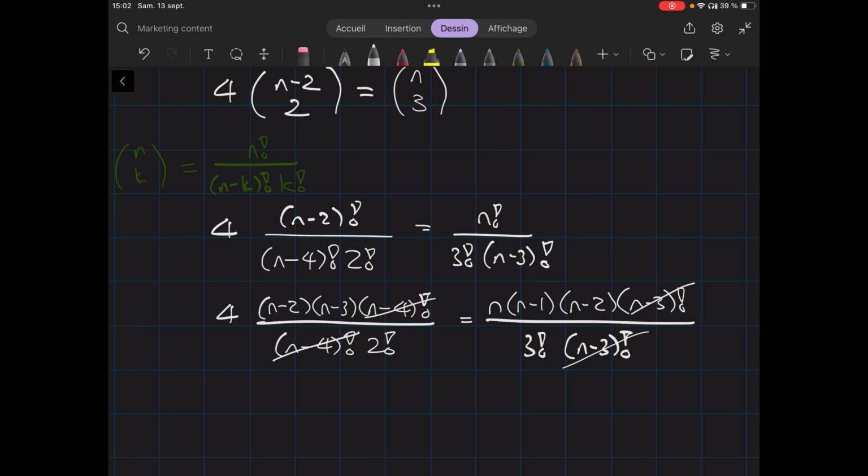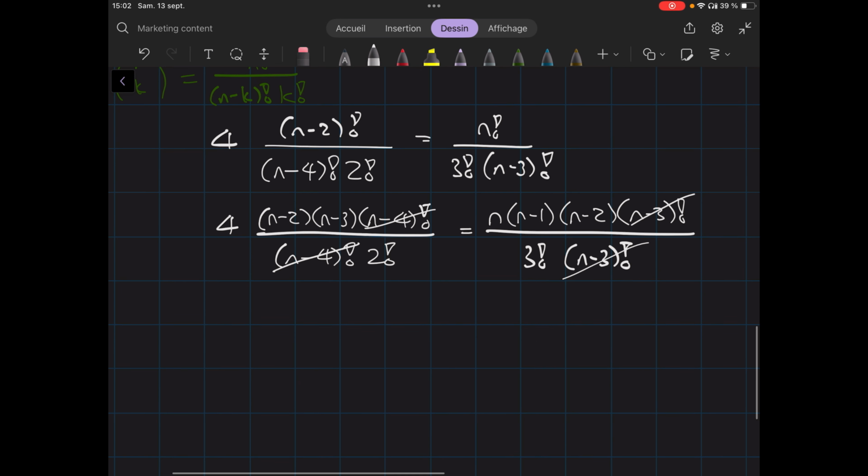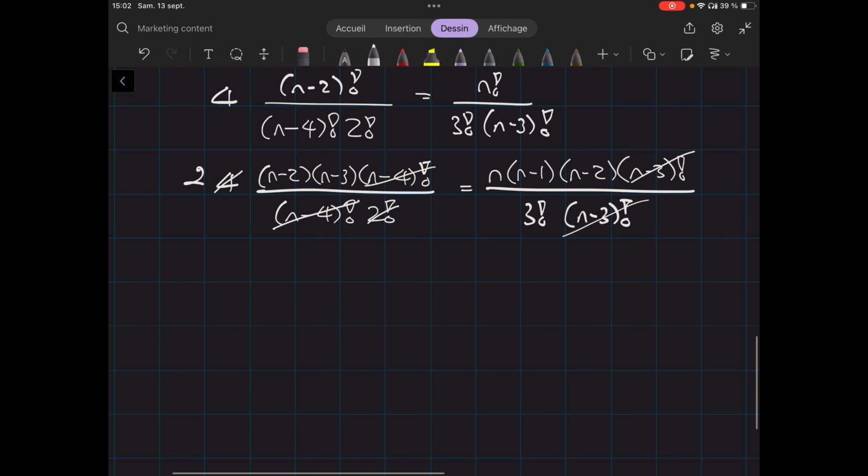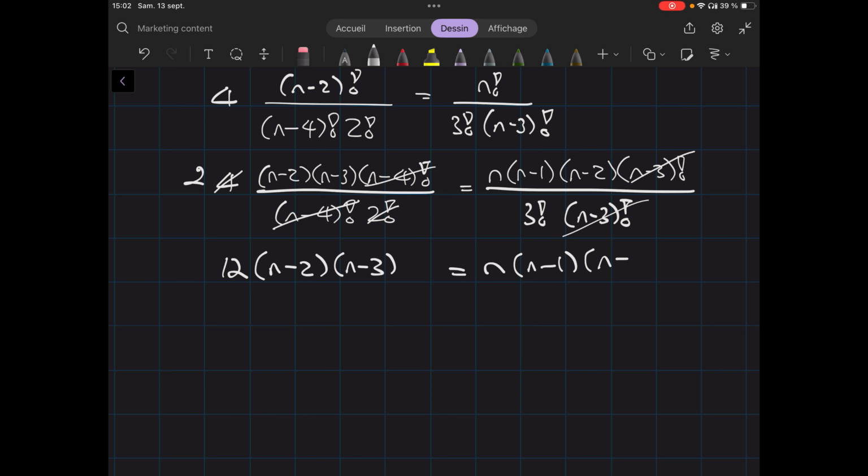Let's simplify our equations a bit more. 4 divided by 2 factorial, that is 2. Let's multiply both sides by 3 factorial. So 12 times n minus 2 times n minus 3 is equal to n times n minus 1 times n minus 2.